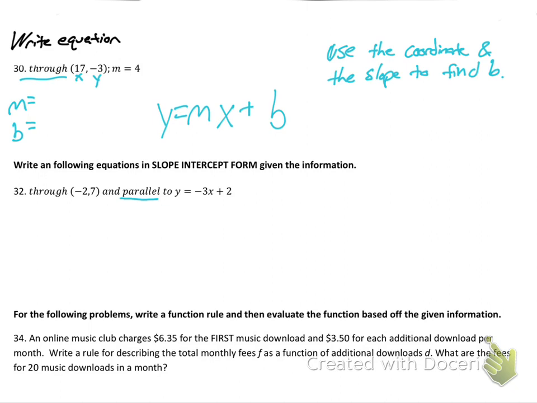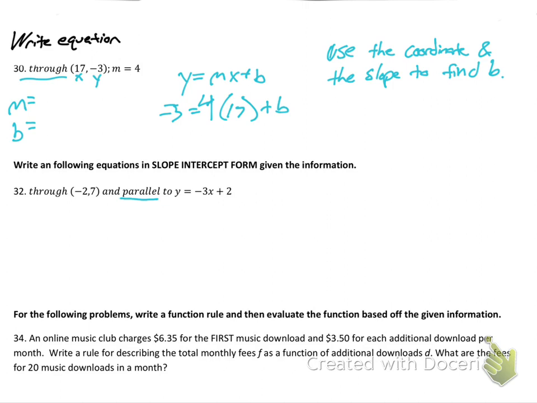So our x in this one is going to be 17. Our m in this one, here, I'll just do this. So our y is going to be -3, is equal to our slope, which is our m, and that's 4, times our x, which is 17, plus b.